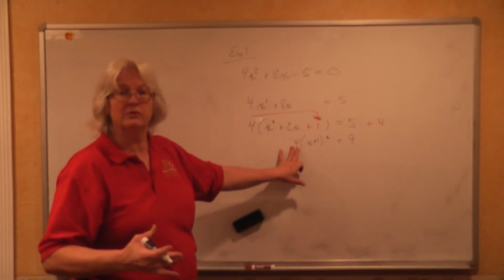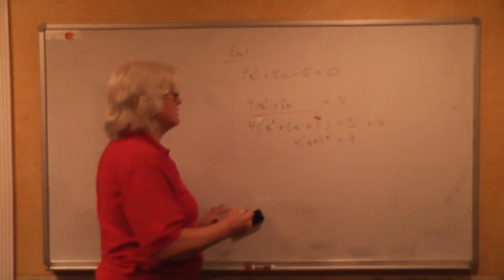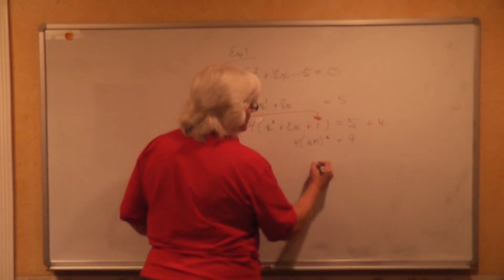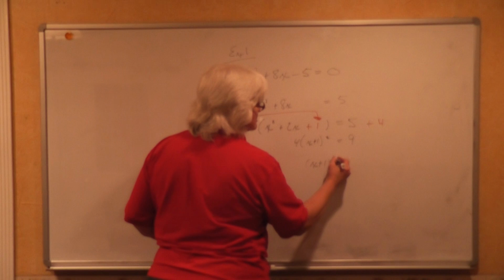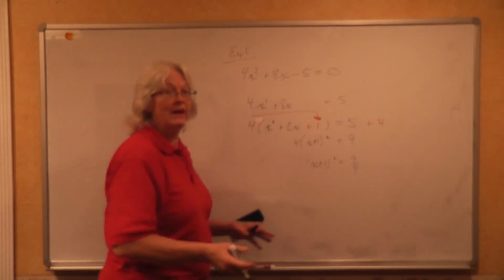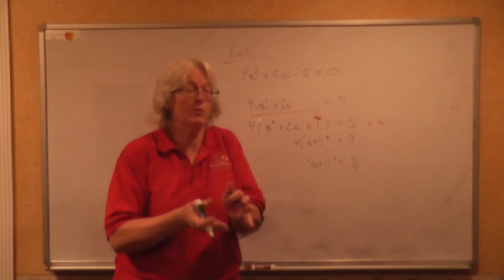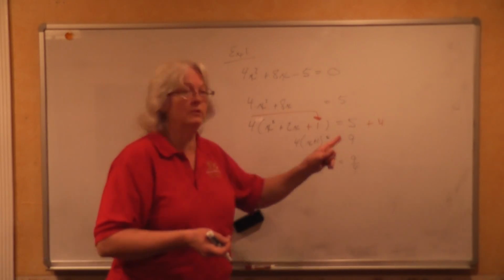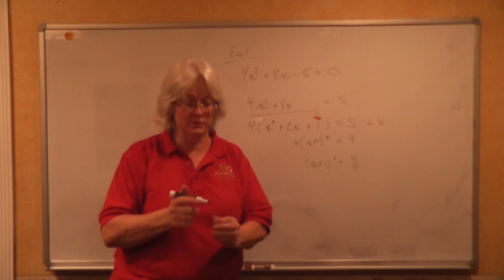We're going to have to divide both sides of the equation by 4. We have x plus 1 quantity squared is equal to 9/4. Now we have this set up in the form where we can take the square root of both sides of that equation.